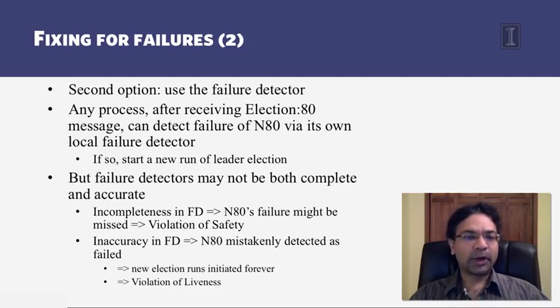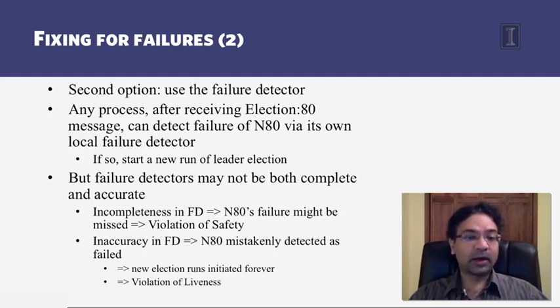However, failure detectors may not be complete as well as accurate, because we've already seen this is true in an asynchronous distributed system. Incompleteness means that N80's failure might not be detected at all, and this might be a violation of safety because the leader has failed and no one has detected it, and so there is no leader that is non-faulty in the group right now.